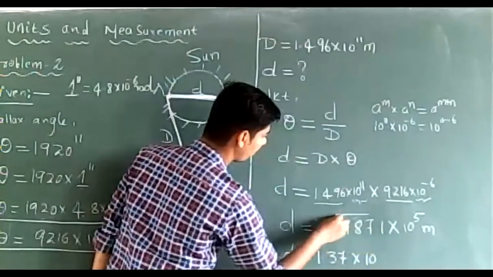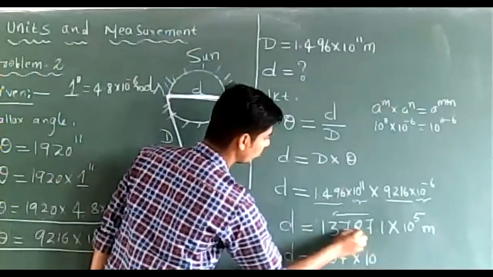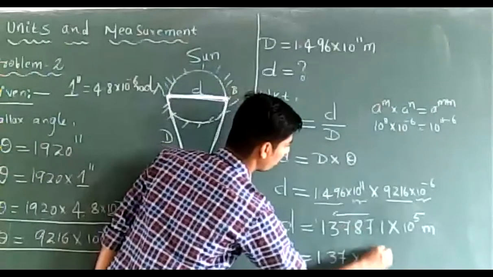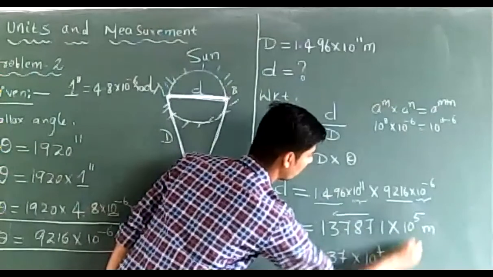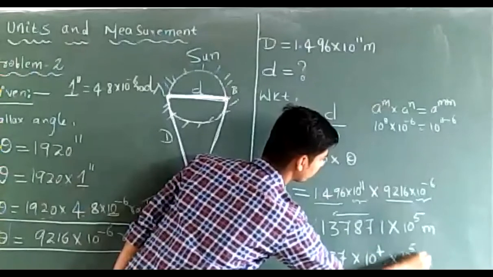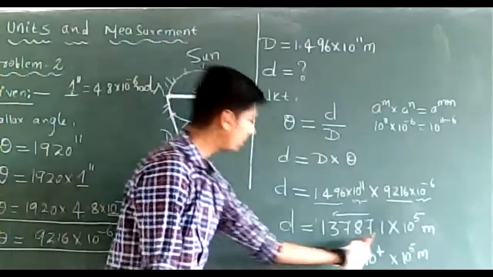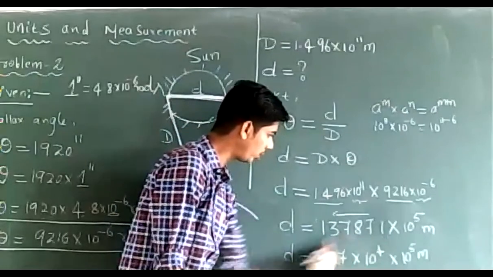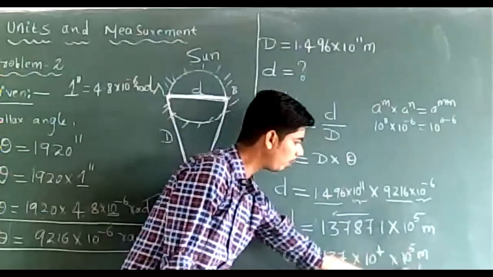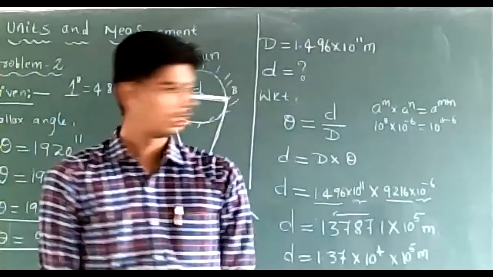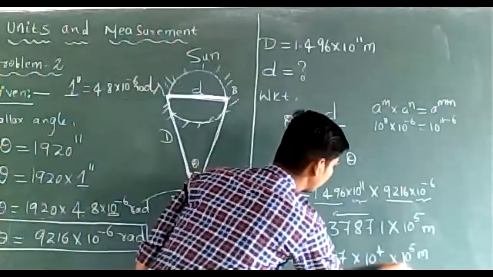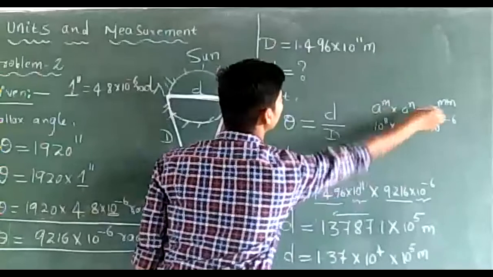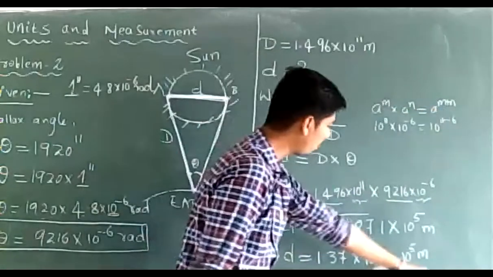Shifting the decimal point left by 1, 2, 3, 4 places gives 10 power 4, into 10 power 5 meters. So shifting the decimal point 4 digits left gives 1.37 into 10 power 4, into the 10 power 5 meter as it is written. 10 power 4 into 10 power 5, by a power m into a power n, will be 10 power 9.